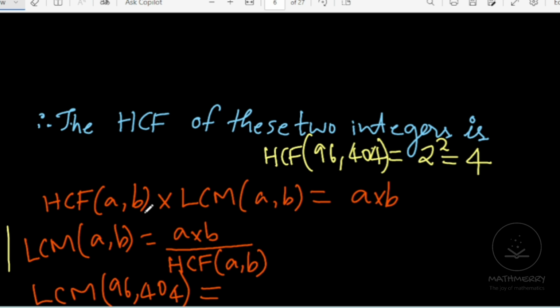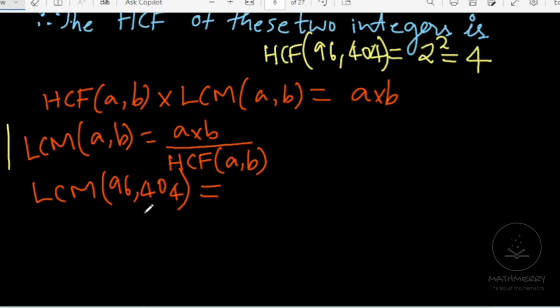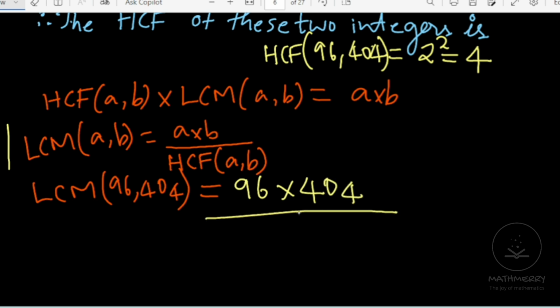So here the LCM of 404 and 96 will be equal to the product of the two numbers, which is 96 into 404, the whole thing divided by the HCF of the two numbers, which is 4 itself. So 96 into 404 divided by 4. From here we can cancel 404 with 4.